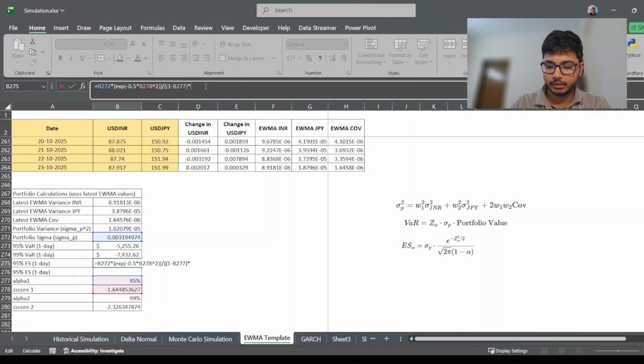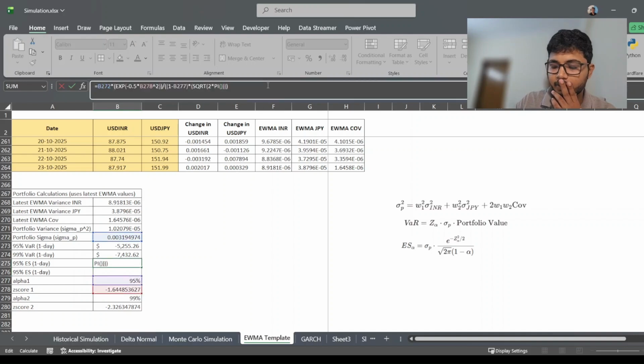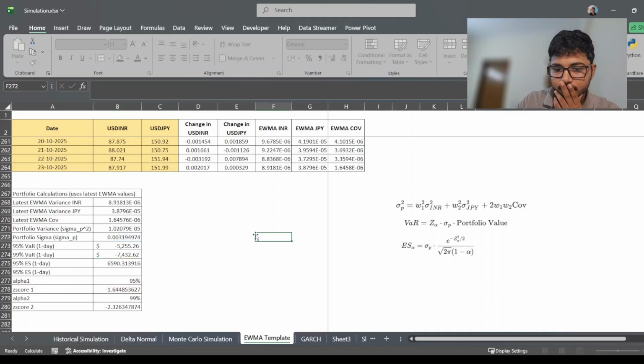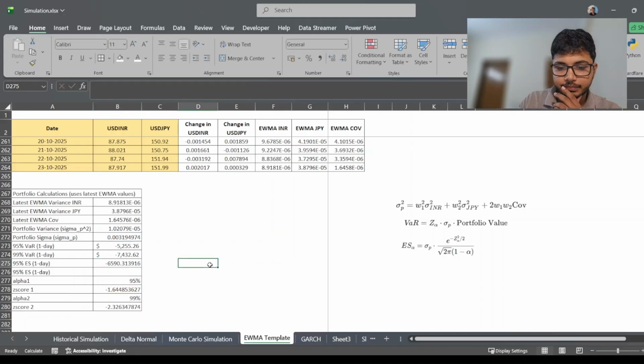Then we are going to again take the square root of 2 multiplied by pi. We're going to again multiply by portfolio value, which is 1 million. We can put expected shortfall as a minus. So we got this expected shortfall here.